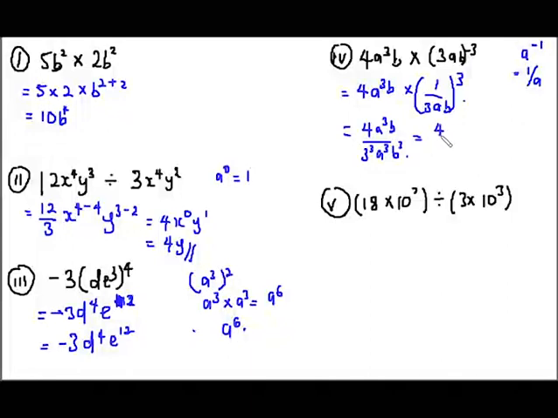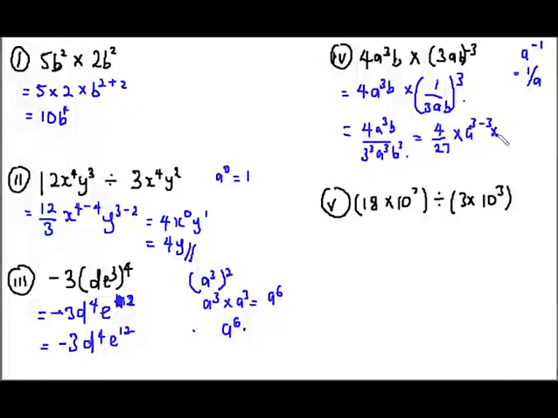So I'll be having 4 over 3 cube is 27 times a cube minus a cube times b to the power of 1 minus 3, which is equal to 4 over 27 b, a cube minus a cube is a 0, which is automatically equal to 1, and then b to the power of 1 minus 3 is b negative 2.